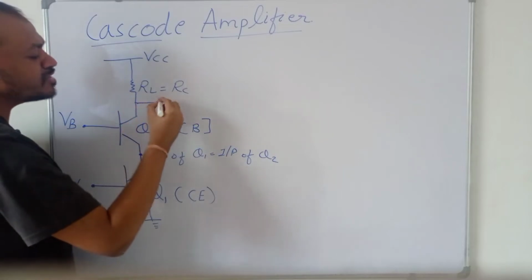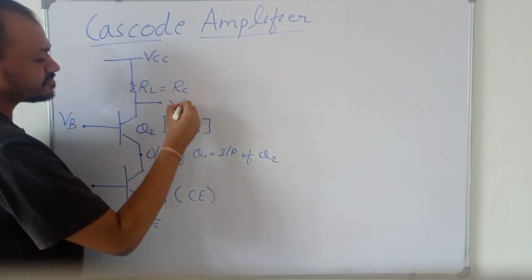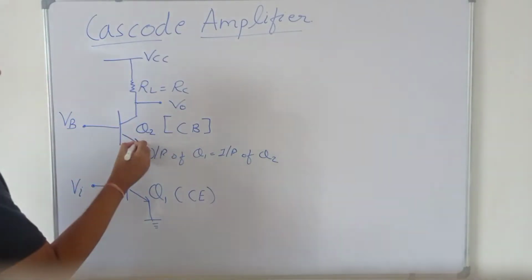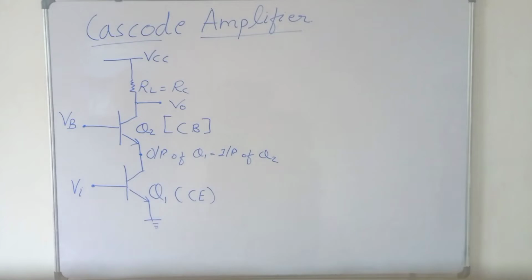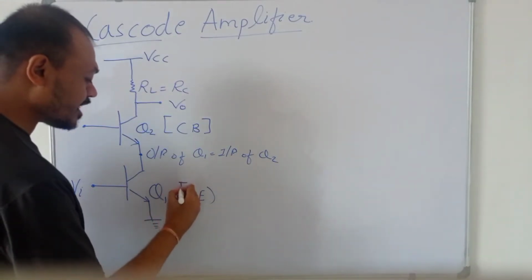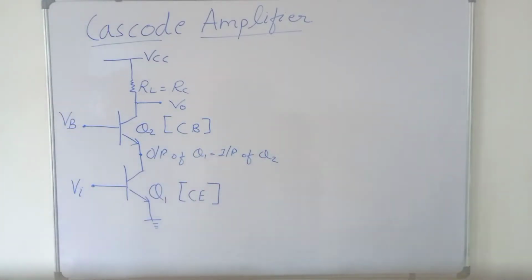Input is given to the emitter. Output is taken from the collector. I forgot to draw this arrow. So this is a common base stage. This is a common emitter stage. So output of common emitter is given as input to the common base stage.